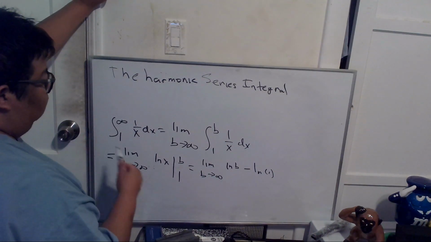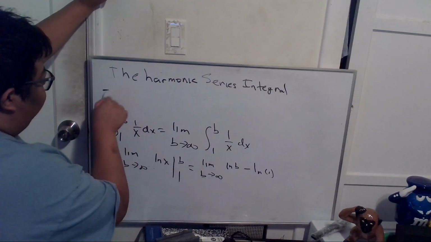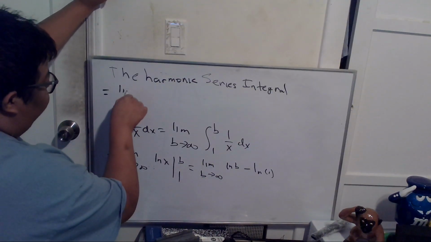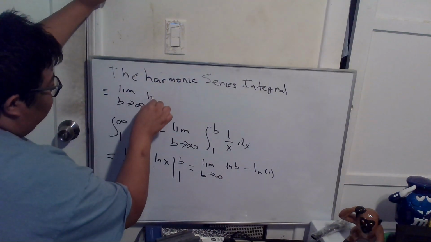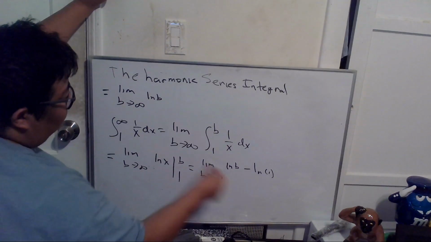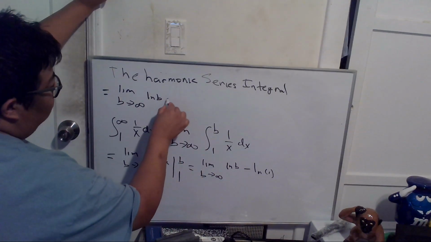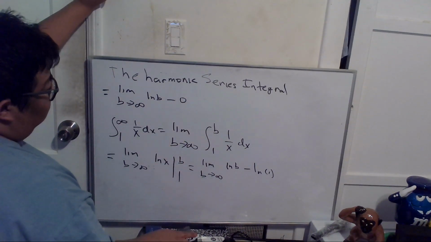This becomes the limit as b approaches infinity of ln of b, because ln of 1 is 0, so you don't write that.